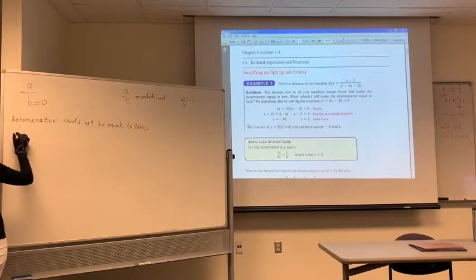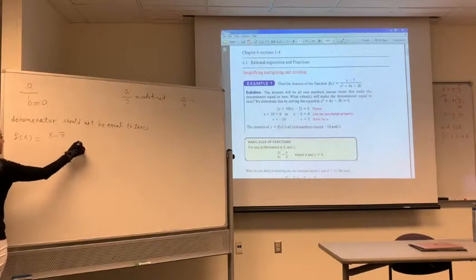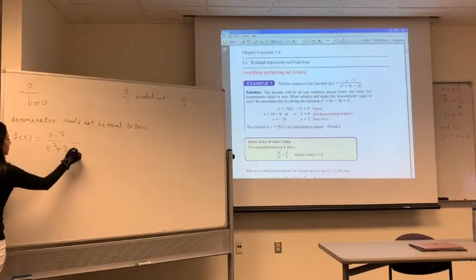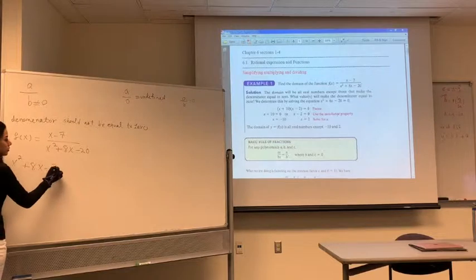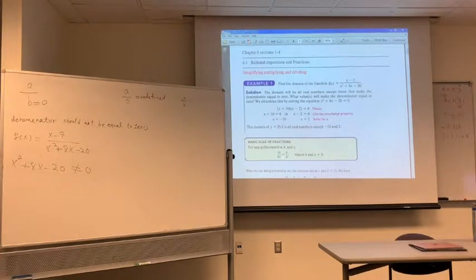So if we have f of x equal to x minus 7 divided by x squared plus 8x minus 20, then x squared plus 8x minus 20 should not be equal to 0, right?